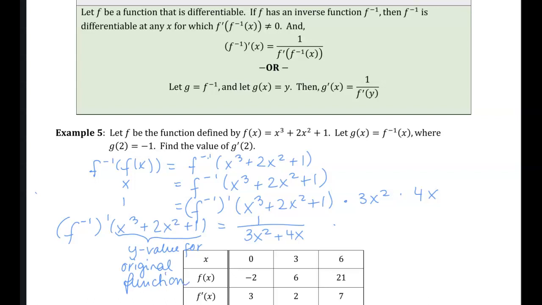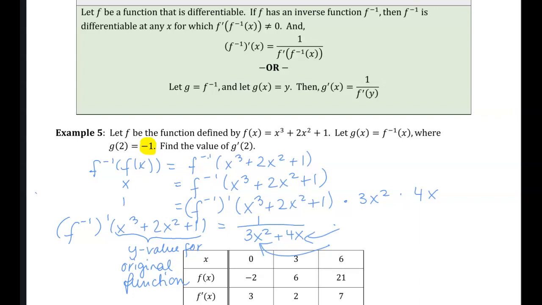Now we can see on the right side, we have the x values corresponding to that same original function. So if we're plugging in an x value of our original function, that corresponds to the y value of our inverse function, and which in our case was -1.